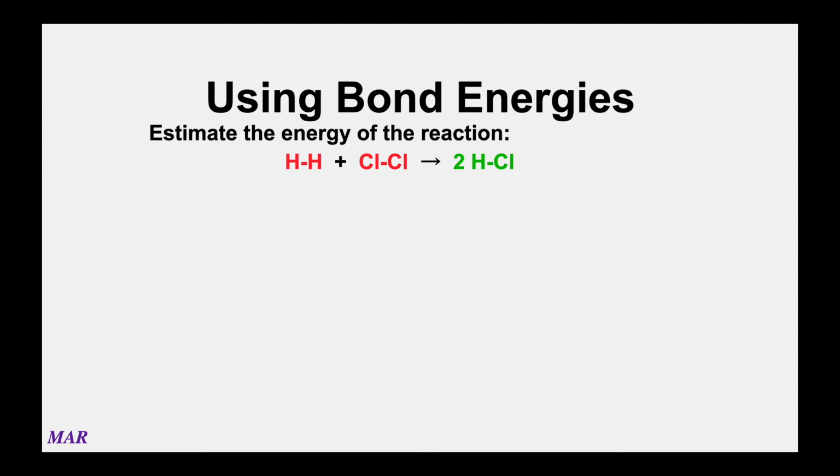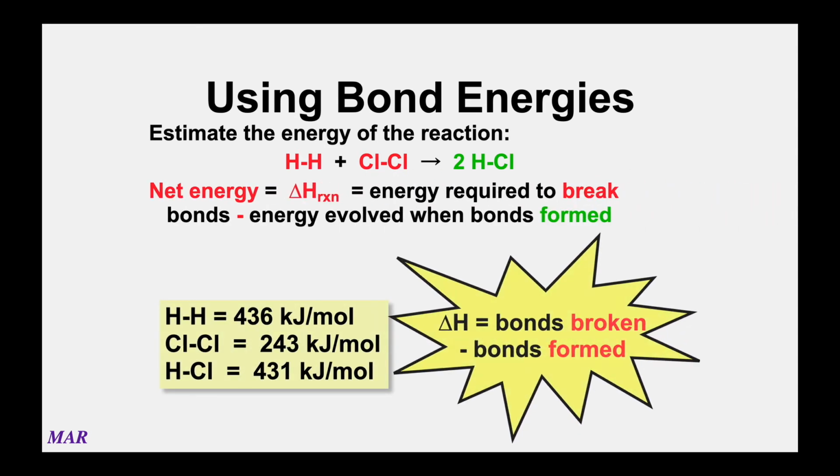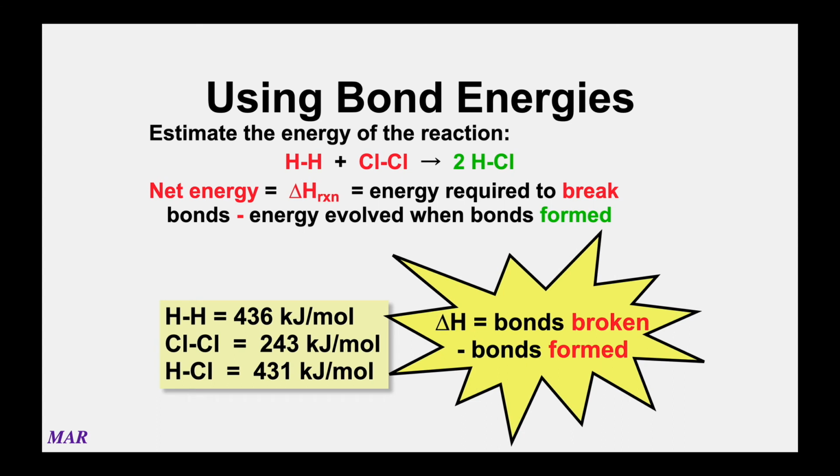You can use those bond energies in some cool ways. Let's say you wanted to figure out the energy of this reaction, which is H2 plus Cl2 making 2 HCl. You can use bond energies to figure this out. The net energy, delta H, remember delta H is the symbol for enthalpy, is the energy required to break bonds minus the energy evolved when bonds form.